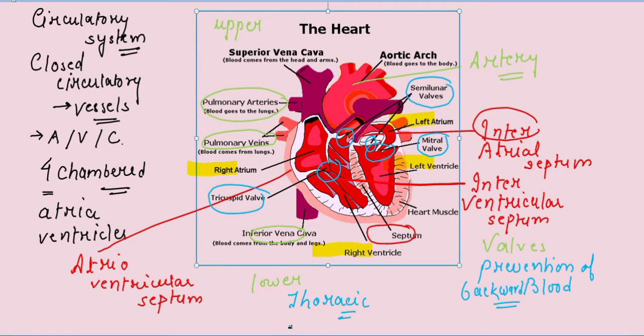In between the 2 membranes, the pericardial fluid is present. What is its function? It is a shock absorber. It absorbs shock, for protection. So this is the structure of the heart.